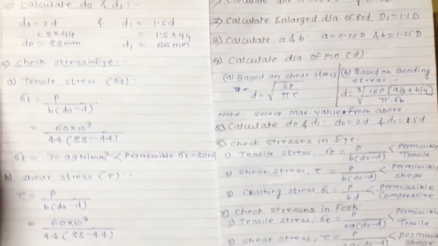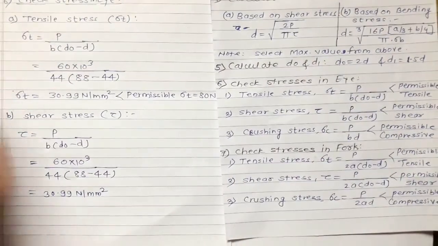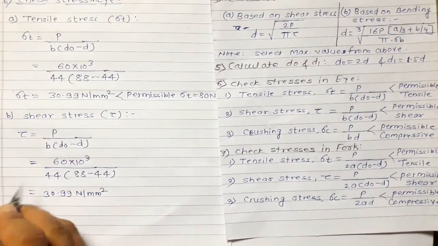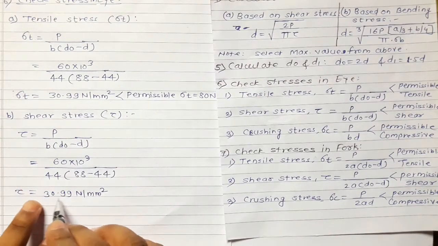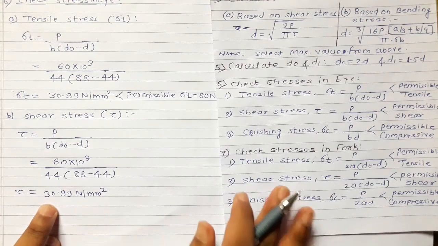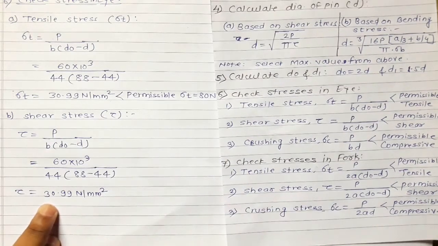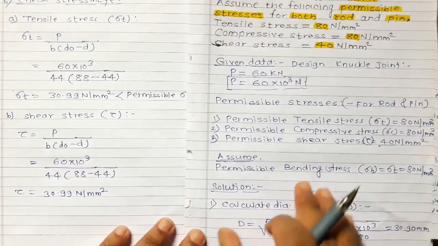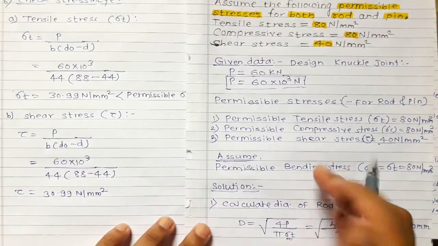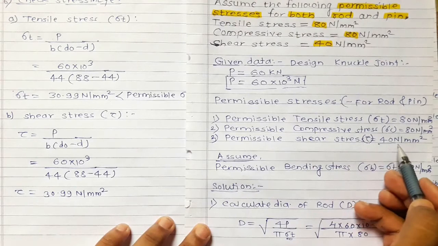So we get this answer of tau same as that of sigma t, but here we have to compare this induced shear stress with the permissible shear stress. If you check the given data, the permissible shear stress for all the parts in the knuckle joint is 40 Newton per mm square.